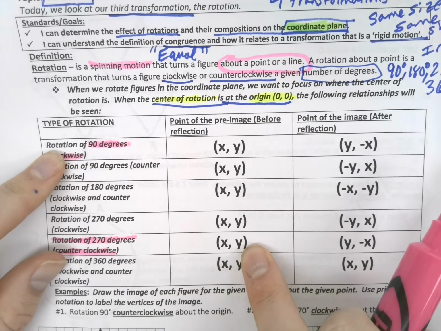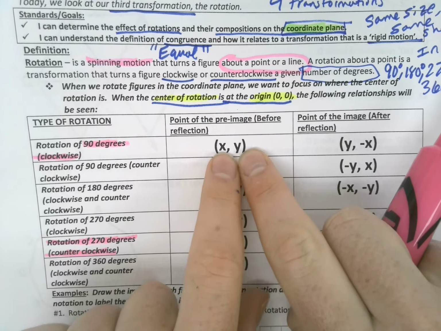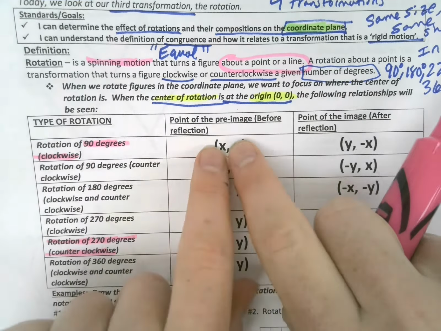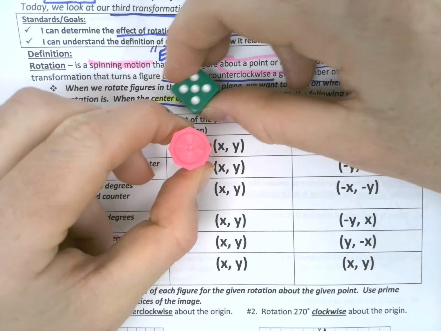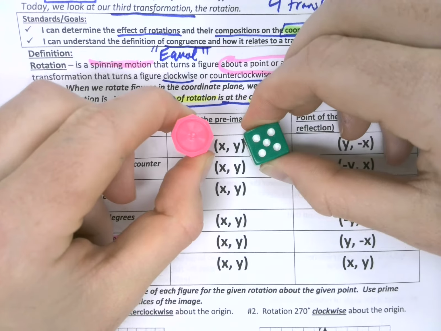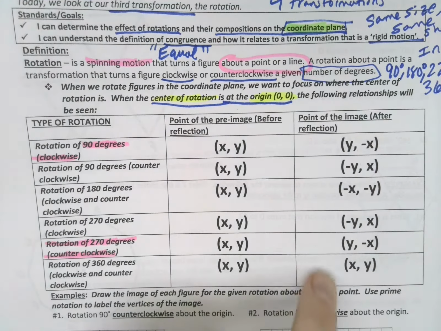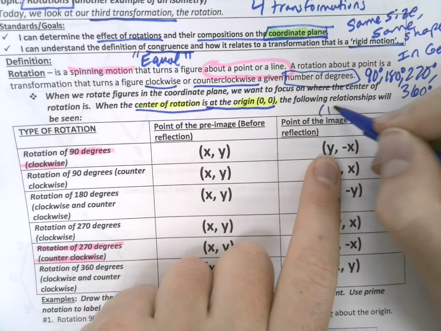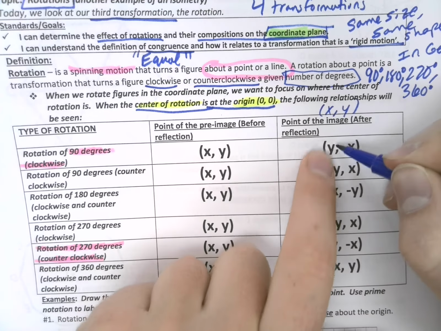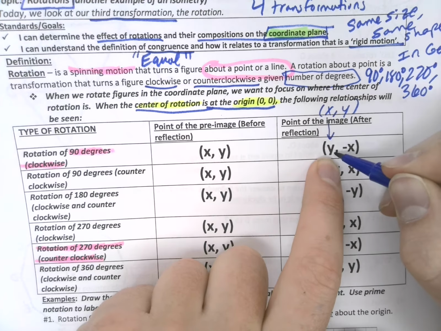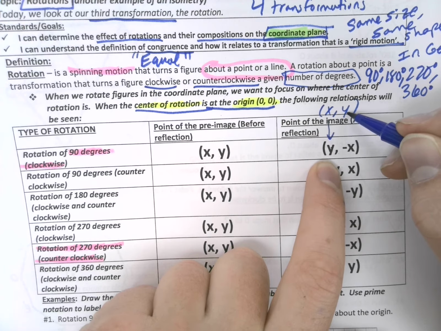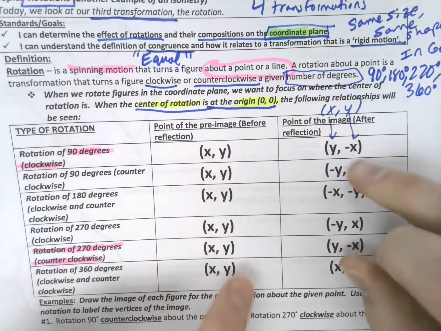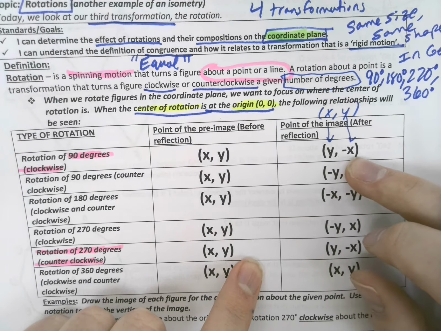When you rotate something 90 degrees clockwise, the x becomes y: whatever the y value was, that's now the x value. And whatever the x value was is now the negative version, so the y becomes negative x.